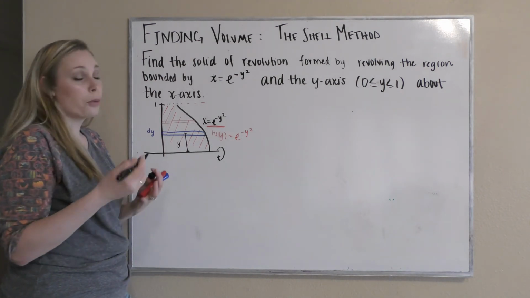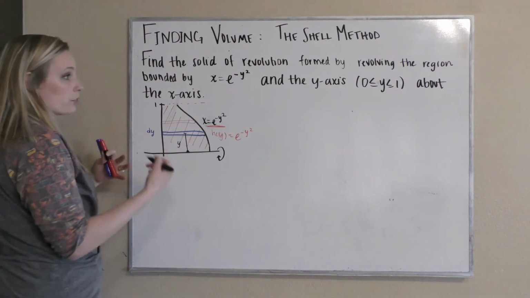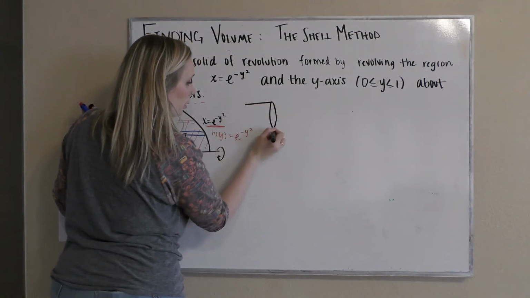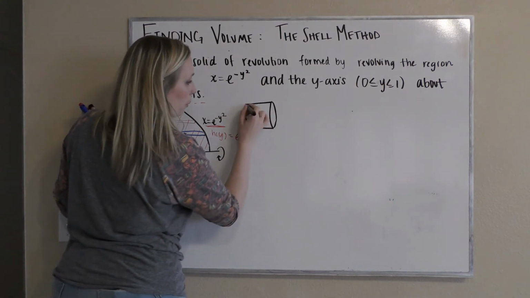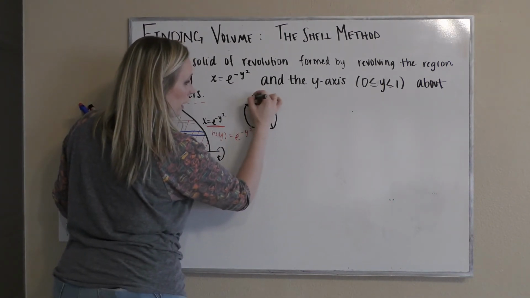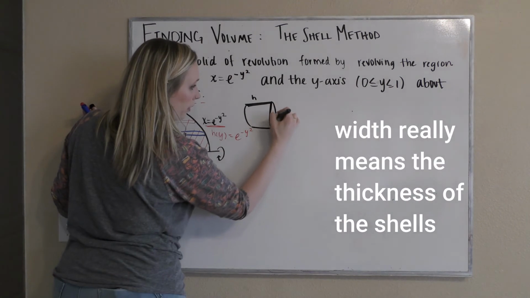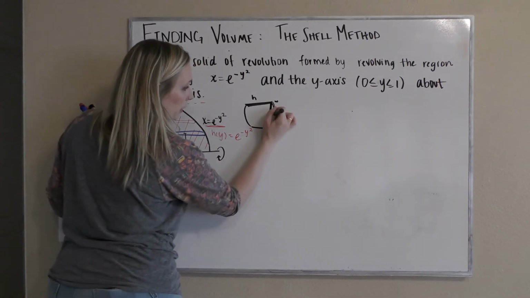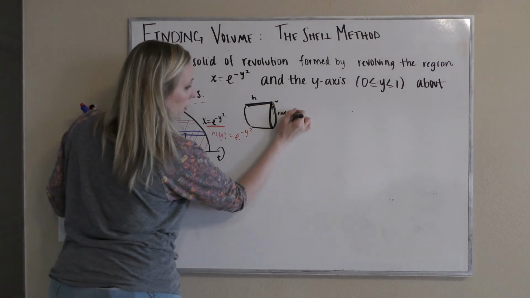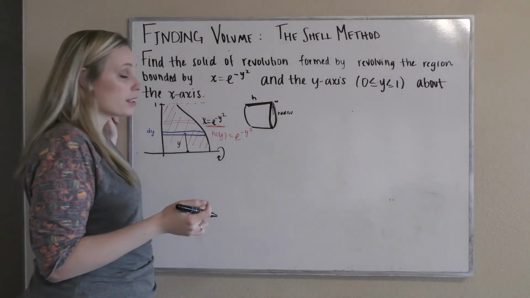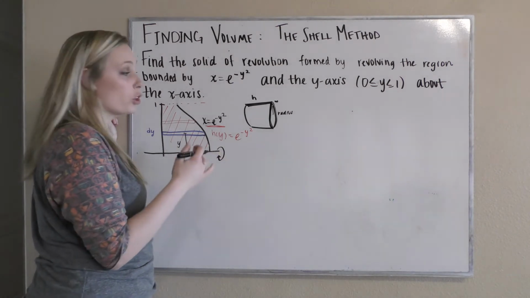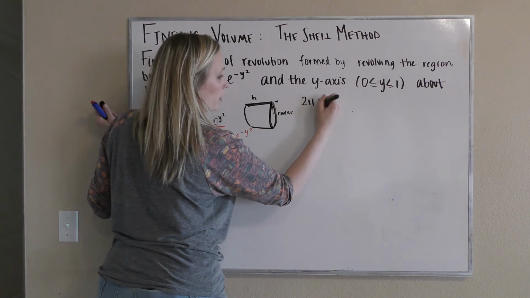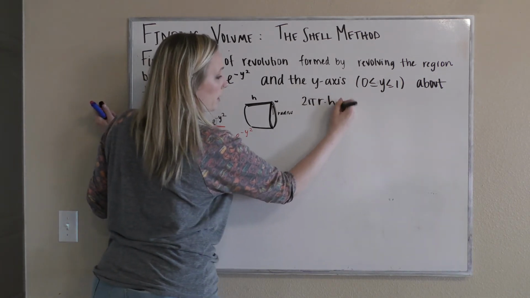So remember, when we are trying to find the volume of a cylindrical shell, which really we are making shells this direction now, what we need is we need the height, we need the width of the shell, and we need the radius. If I have those three things, then I can find the volume of this, because the volume would be the surface area, which is 2 pi r, that's circumference, times the height.